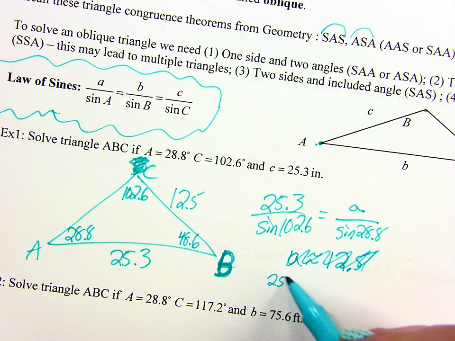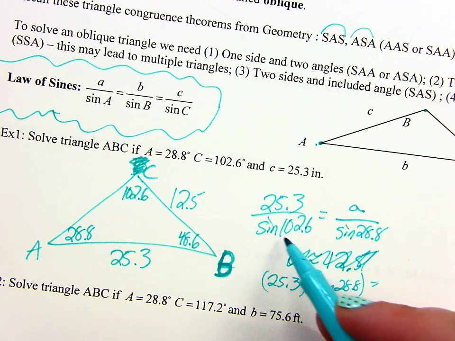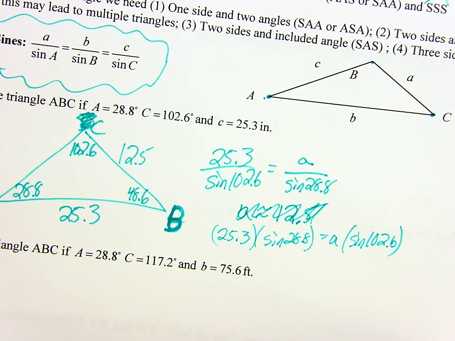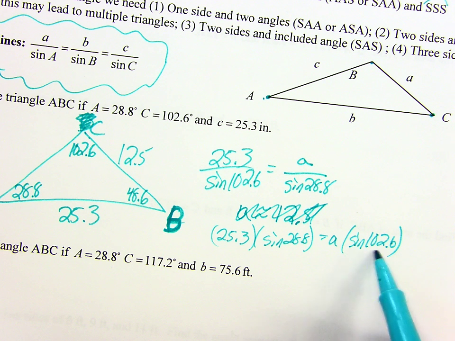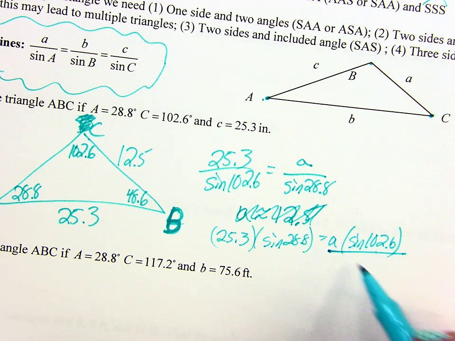Multiply 25.3 times sine of 28.8, and that equals A times sine 102.6. But then to get A by itself, I just divide both sides by sine of 102.6. I'm solving for A, so divide by sine of 102.6.